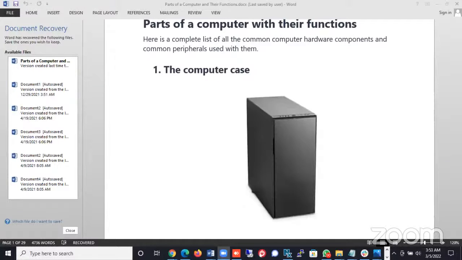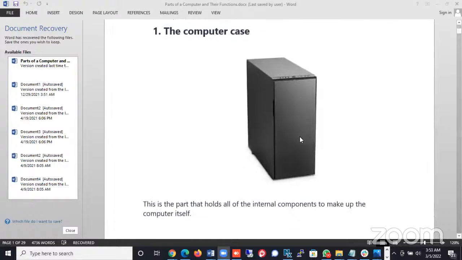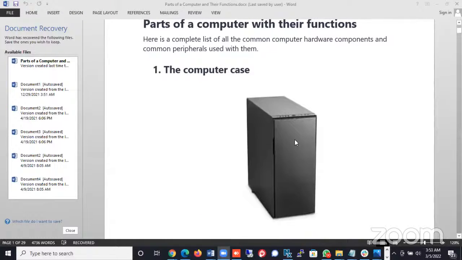So the computer has parts, okay. When we see the components of a computer, if you have your computer in front of you, you see a case, the tower, right?